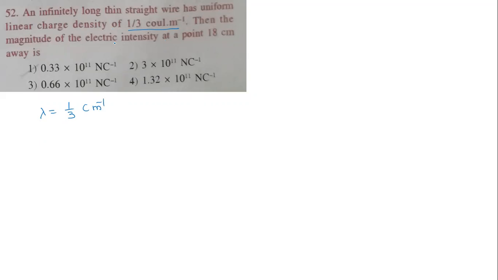Then we need to find the magnitude of the electric field intensity at 18 centimeter away. It is like a long wire, and somewhere point P is there. This is 18 centimeter. Now we know the formula for the electric field.